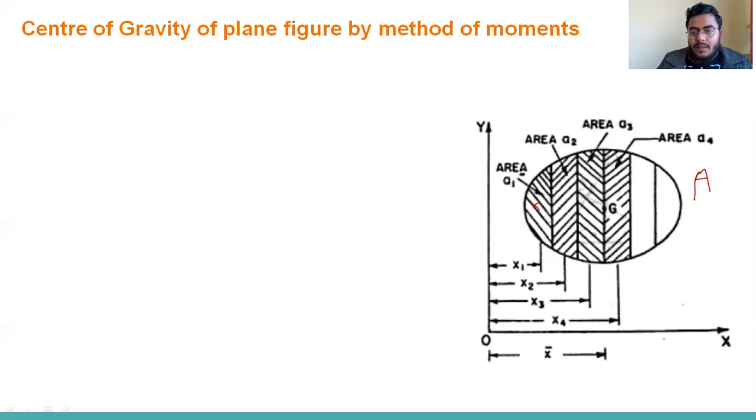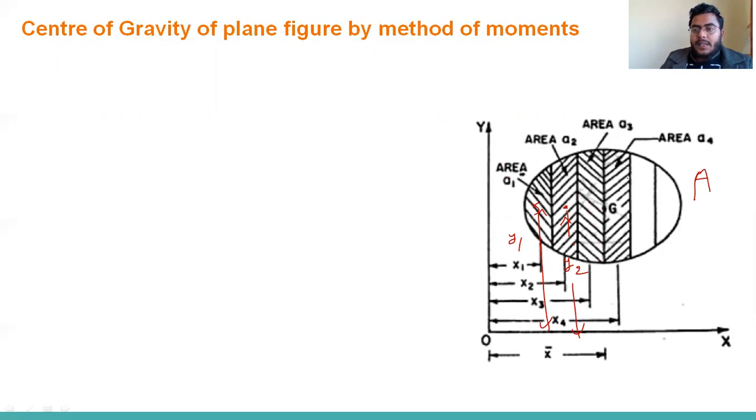The distance from the y-axis to the centroid is x1, and from the x-axis it is y1. For segment 2, the distance from the y-axis to the centroid is x2, and from the x-axis it is y2. Similarly for segment 3, segment 4.